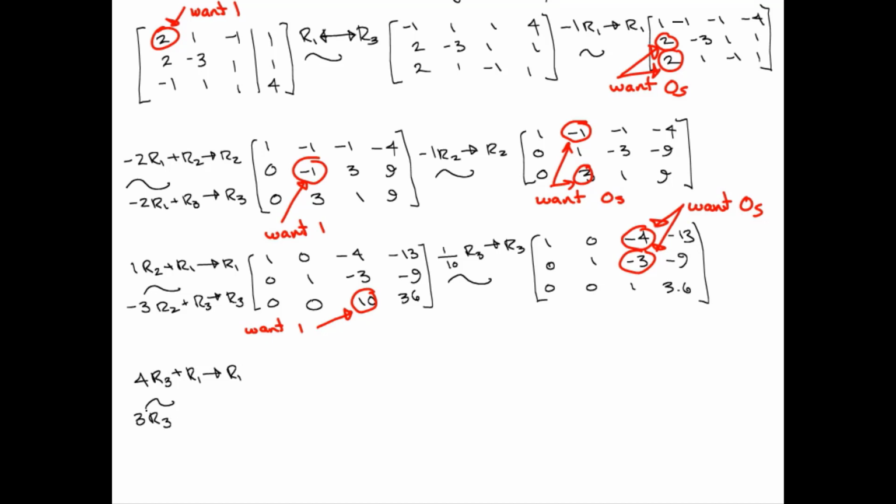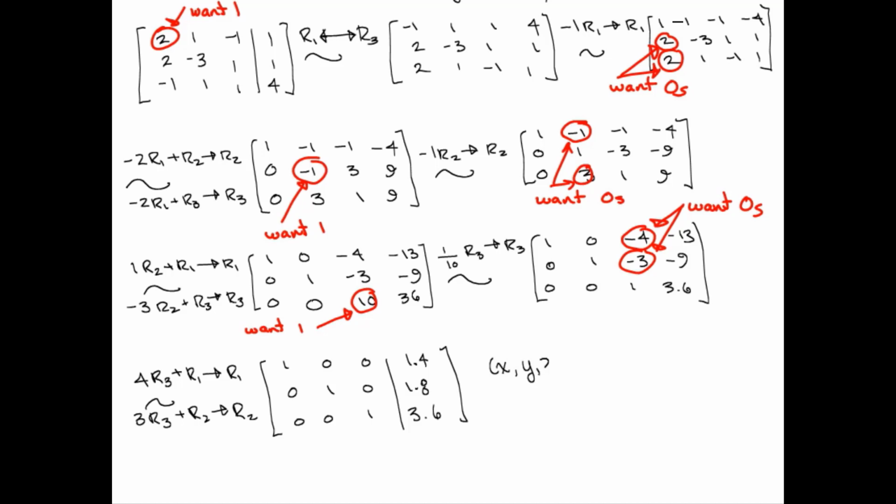And then we'll have 3, row 3, plus row 2, back into row 2. When we do that, we should get 1, 0, 0, 1.4, 0, 1, 0, 1.8, and 0, 0, 1, 3.6 as before. Let's put the vertical line back in and let's write our solution.